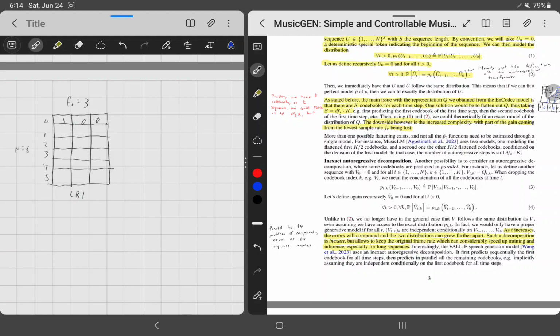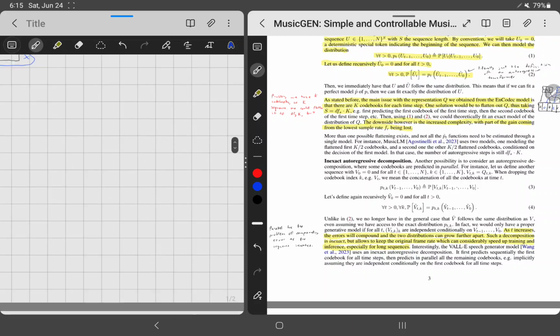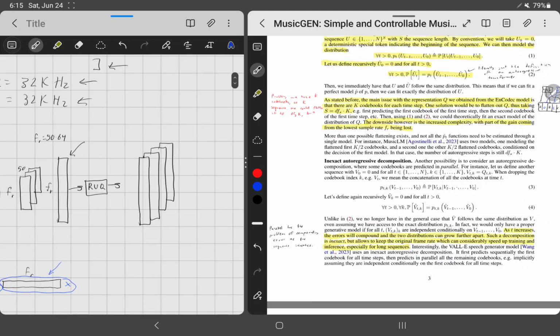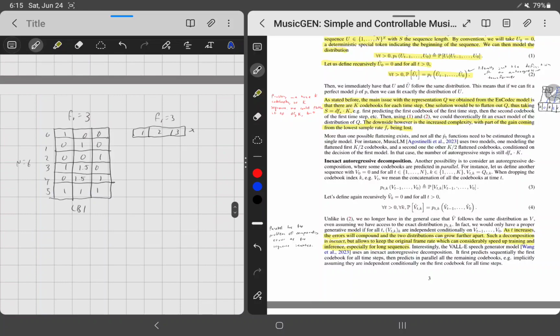The codebook entries are learned, by the way. Here, these entries are just random, ones I put in there. But anyways, say our vector is 1, 2, 3. Makes it easy. So this is x, f sub r is equal to 3. This is x, our encoded vector representation of the audio in continuous space.